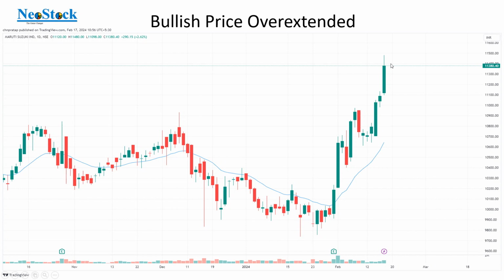I can say super overextended. Maybe I'm just saying an English statement, not a technical word. We always say just overextended. Why am I saying this? Because prices moved too far. When they move too far, anytime we may see a pullback towards the EMA 20. That possibility is there.